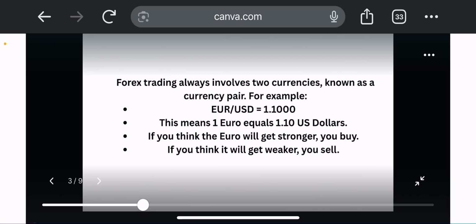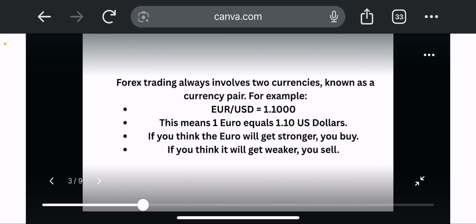But in this case, forex trading also involves two currencies known as a currency pair. For example, EUR/USD equals 1.10. This means 1 euro is equal to $1.10. So if you think the euro is stronger, you buy, and if you think it's weak, you sell.